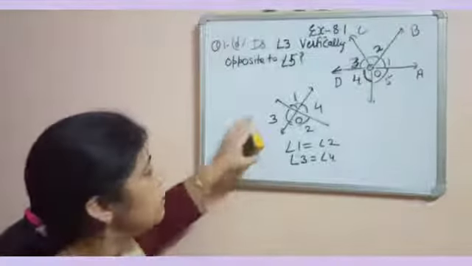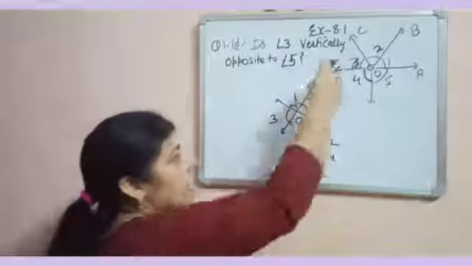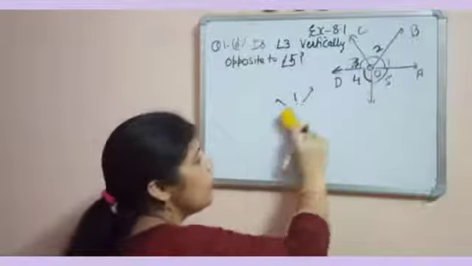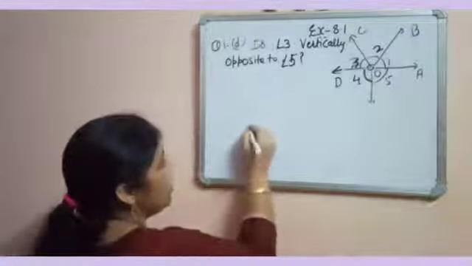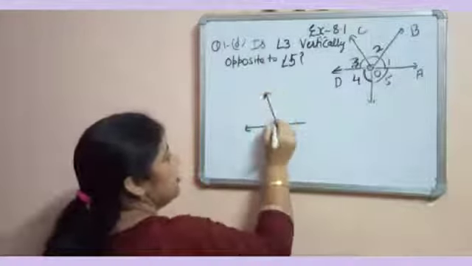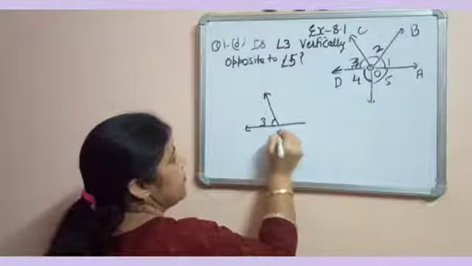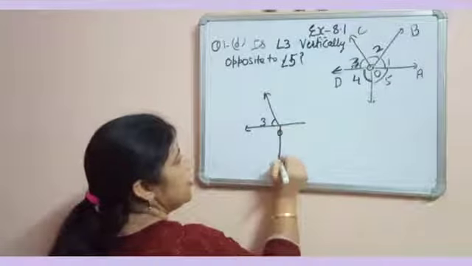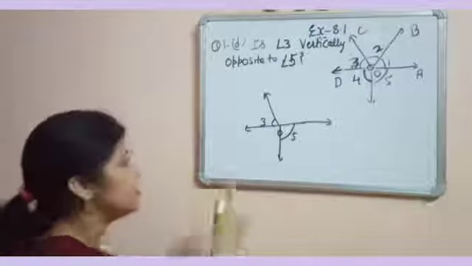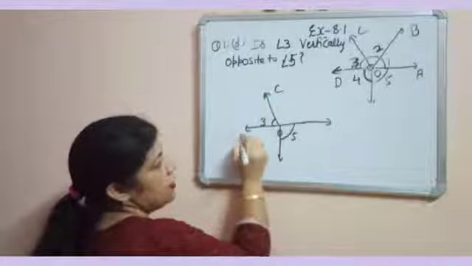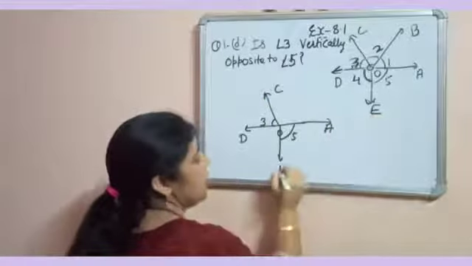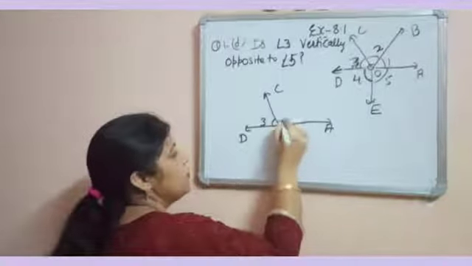Means angle 1 is equal to angle 2 and angle 3 is equal to angle 4. Okay. So now we will check whether angle 3 and 5 are vertically opposite angles or not. Now first we will draw angle 3 and 5. This is angle 3 and this one is angle 5. Like this. This point is C, D, A and this point is E. Now see.